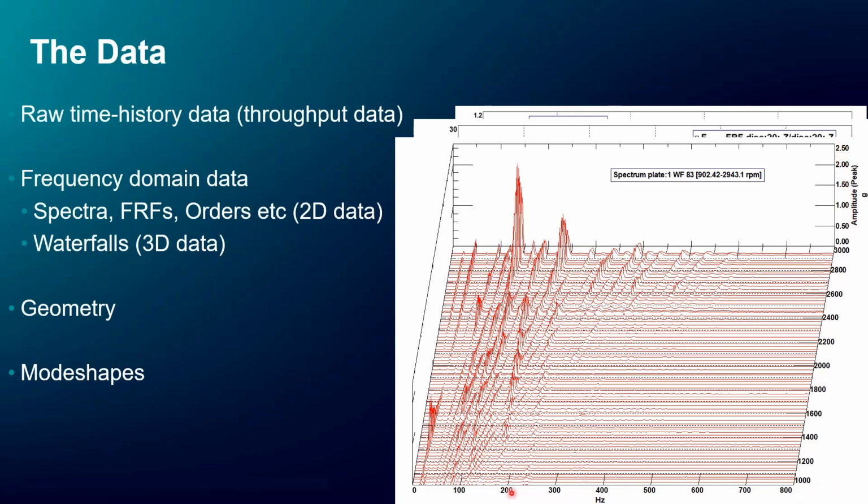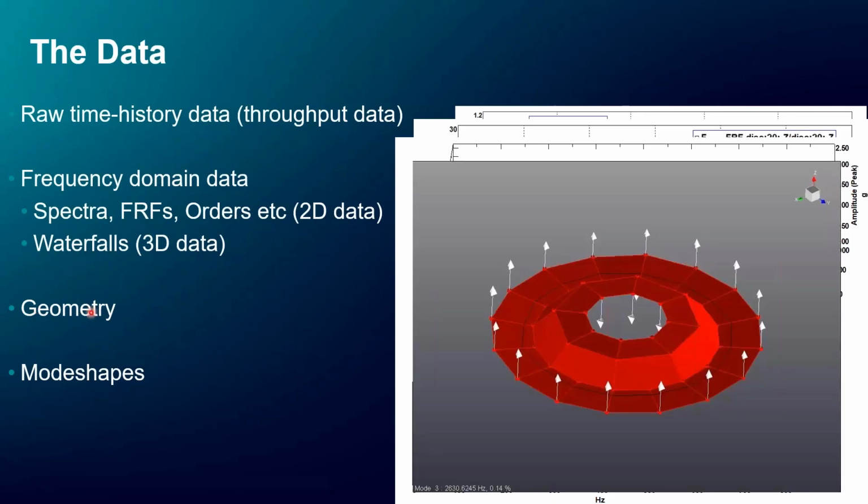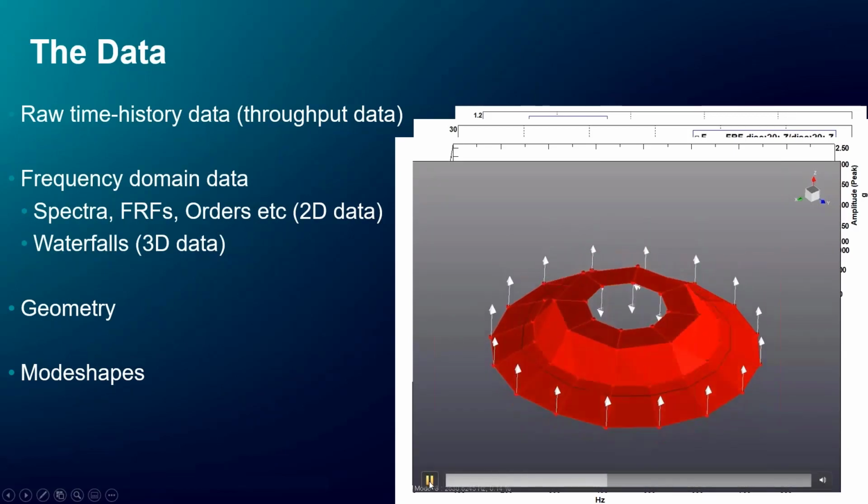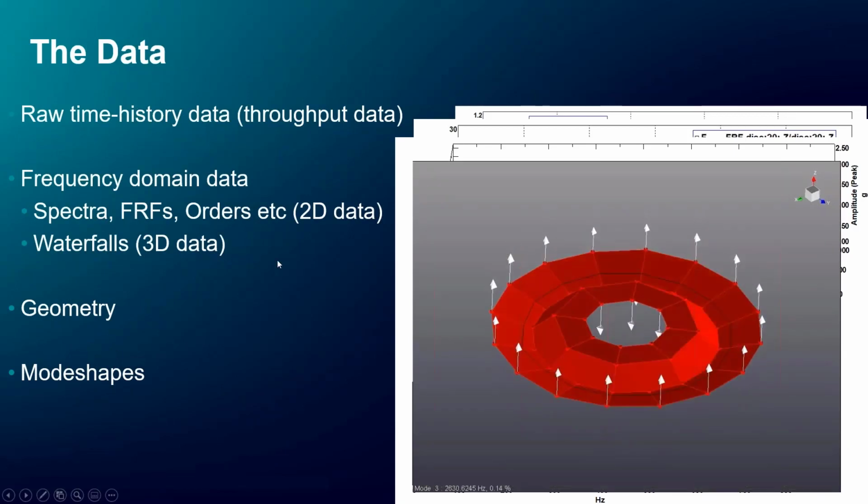So we can see how the spectrum is changing as a function of RPM, for example, how the amplitudes are changing. Or the data can be in the form of a geometry, like a 3D geometry, and the mode shapes from modal analysis. This mode shape can also be brought into Test Lab. So the data can be in these formats, and they can be read into Test Lab.